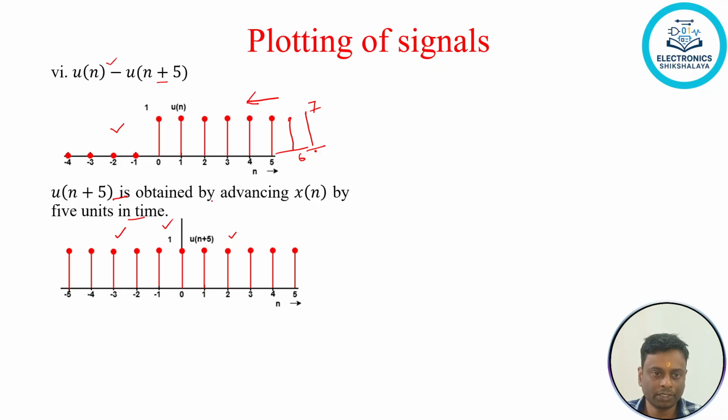You can see on a sample by sample basis, at minus 4, this value is 1 and this value is 0, so 1 minus 0 would be... 0 minus 1, that will be minus 1. Similarly at minus 3, this value is 1 and that is 0, so that will be minus 1. So up to this, the amplitude is minus 1. Similarly at 0, this value is 1 and this value is also 1, so that will be 0.